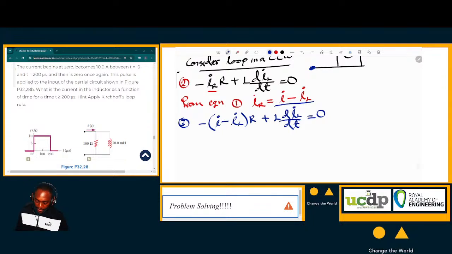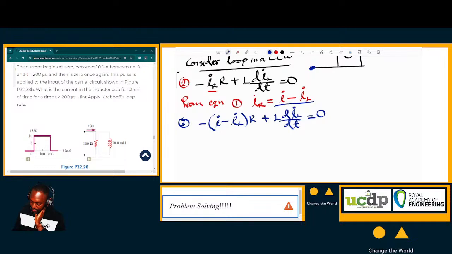Okay. So now once we've done this, we can then collect like terms and we can integrate, because remember, there is a change that is taking place. So we can collect like terms. We can have di over dt on the other side, or take dt to the other side.